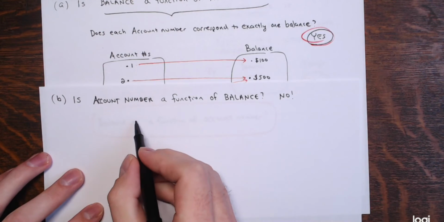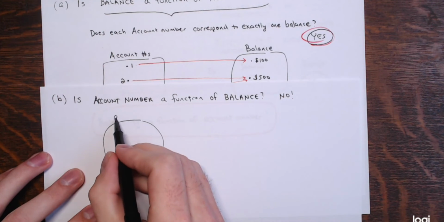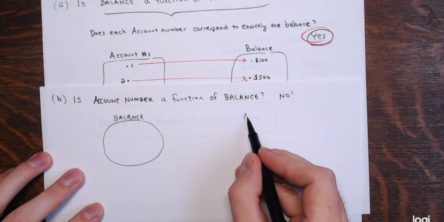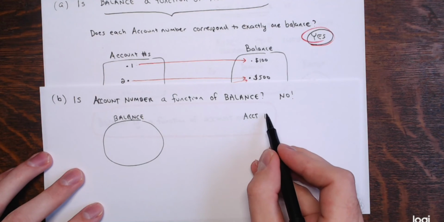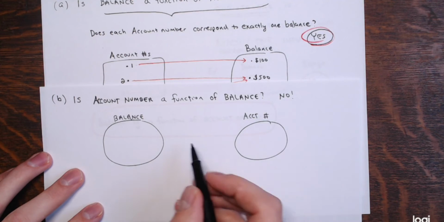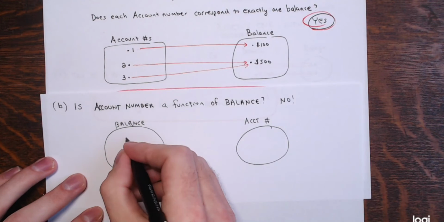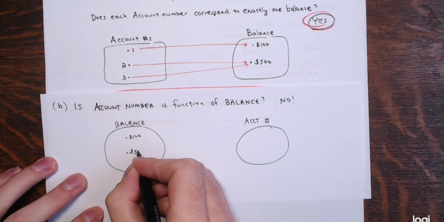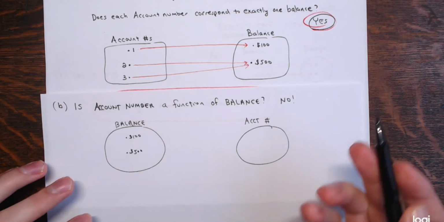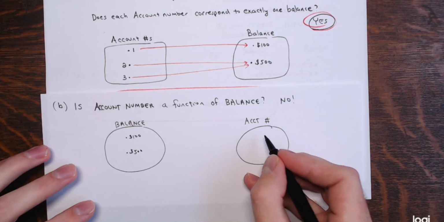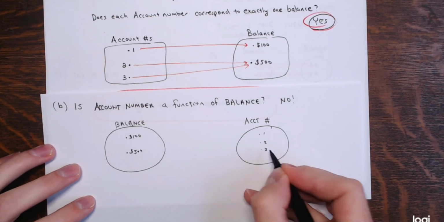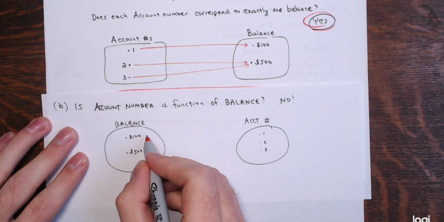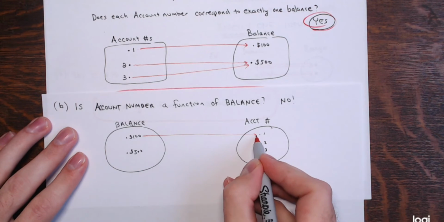Watch, because I could just reverse the mapping from the previous picture, balance and then account number, right? And we had balances of $100. Again, I just made these up. You can make your own up if you want, but I had accounts with balances of $100 and $500. There was account 1, account 2, account 3, and the $100 balance was account 1.